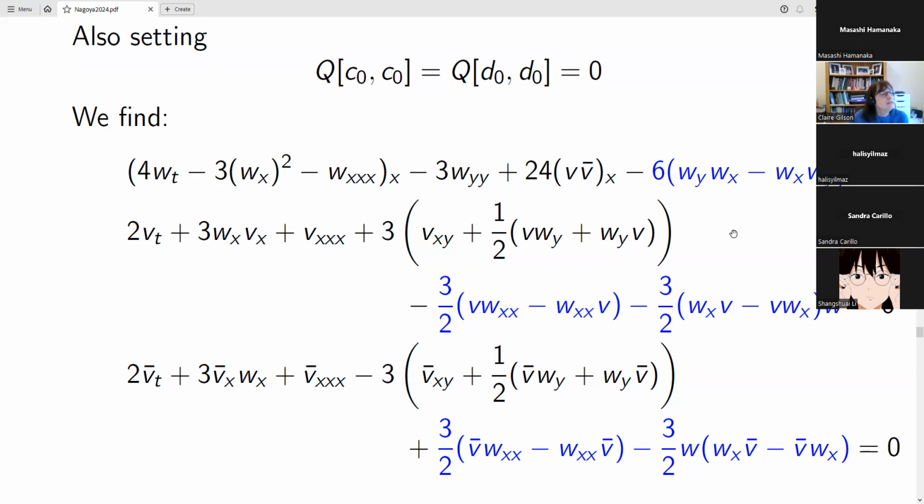The kind of thing we get is not too outrageous. They're basically commutators of W differentiated with respect to X and W differentiated with respect to Y. So that clearly in the commutative case will vanish.